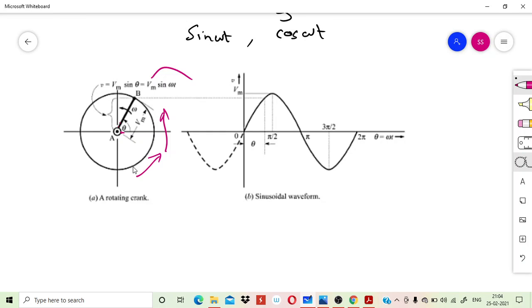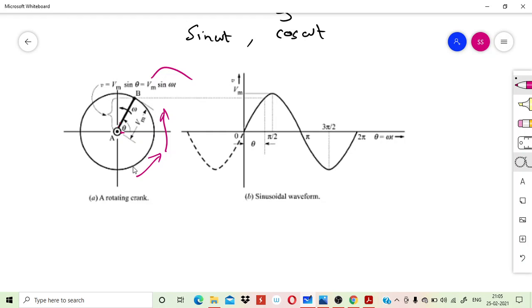In that case, the sinusoidal waveform is nothing but the projection of the tip of this rod, that is the point B. If you project that point B on the y-axis, then you will get the sinusoidal function.